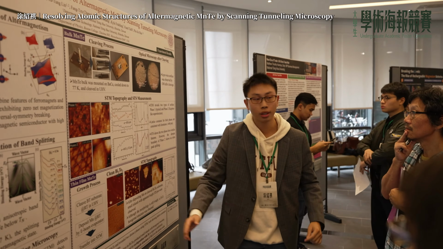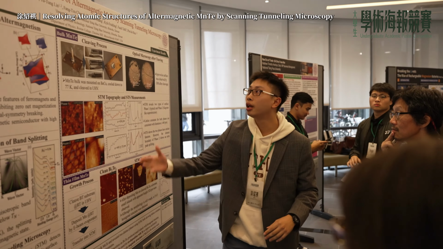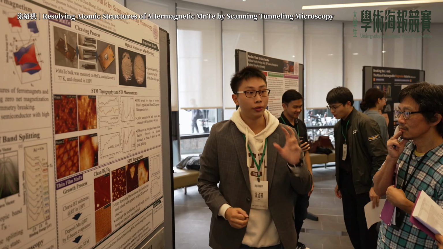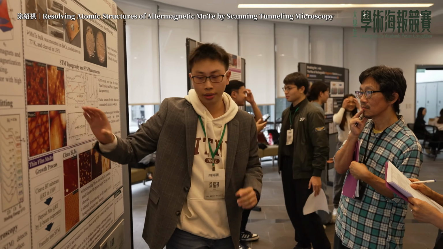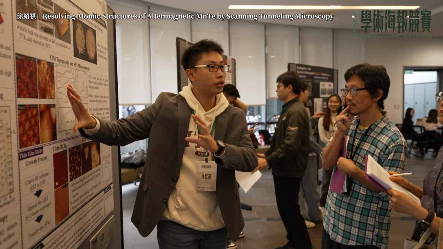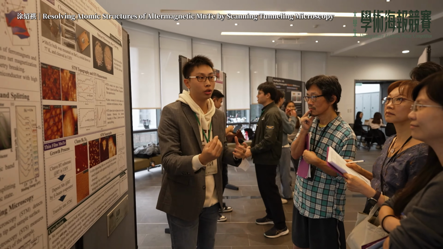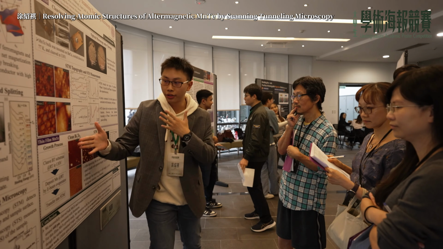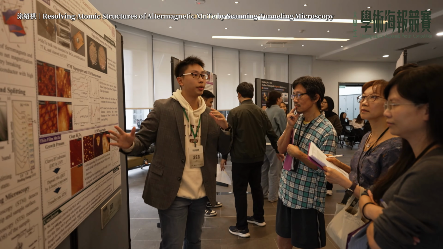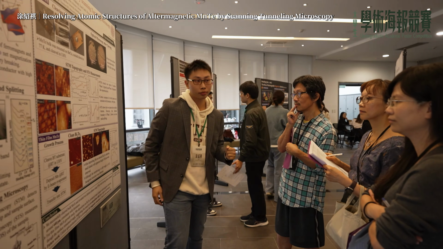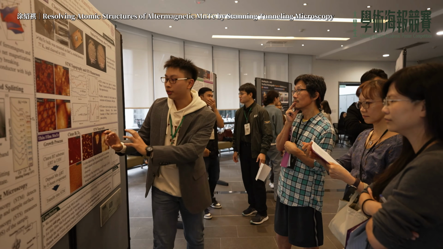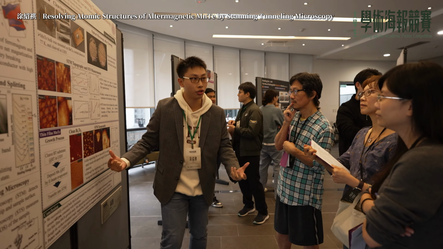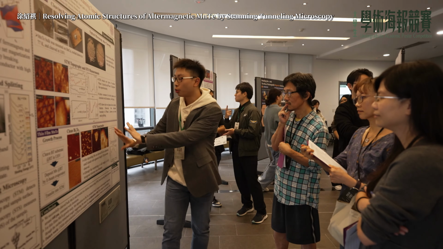To summarize, we successfully cleaved and scanned bulk NiTe, revealing two distinct surface faces. Their lattice constant is around 440 picometers, perfectly matching the literature value. For the thin film NiTe grown on the Bi2Te3 substrate, NiTe islands formed by the Ni deposition, but the surface remains rough.